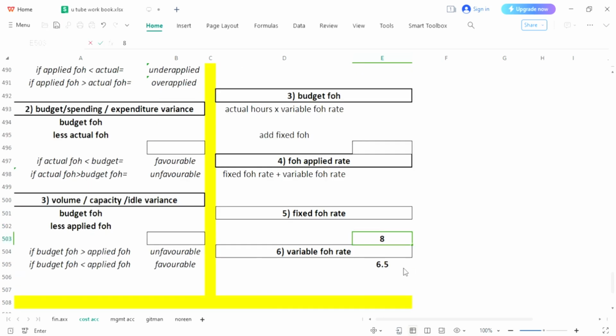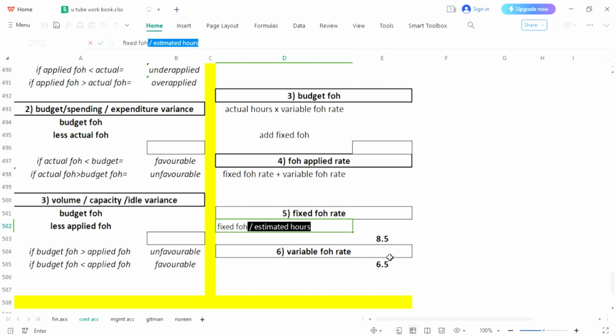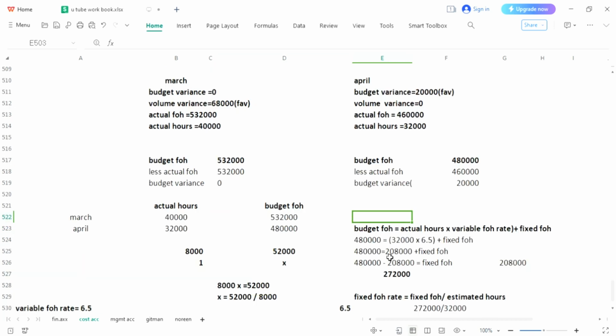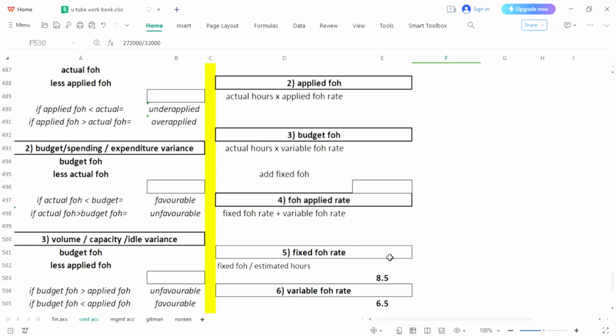You can put 8.5 fixed FH rate over here. Normally, you were supposed to write fixed FH over here, and it was meant to be divided by estimated hours. And you have calculated this fixed FH rate over here, where you have followed this but in a rough way, but we are writing it over here as well.